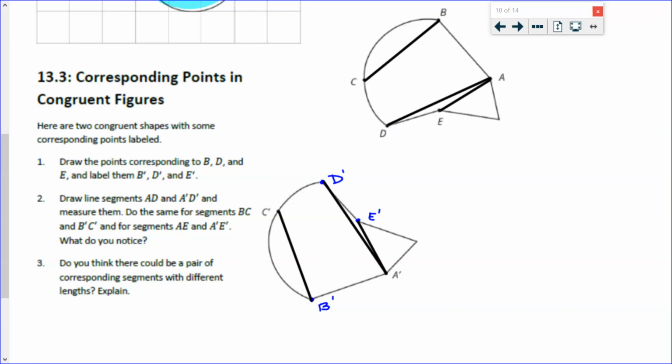You should be done getting those lines drawn, and you should be measuring them and talking about the measurements that you're seeing. Discuss, please.